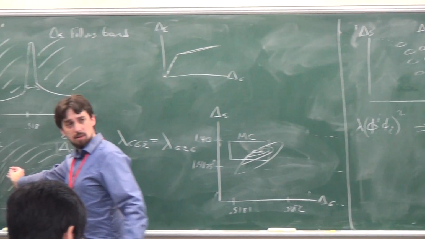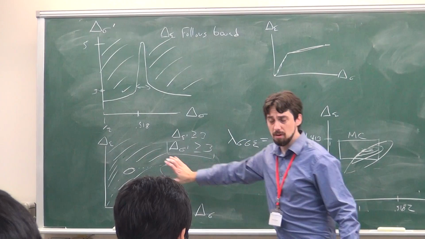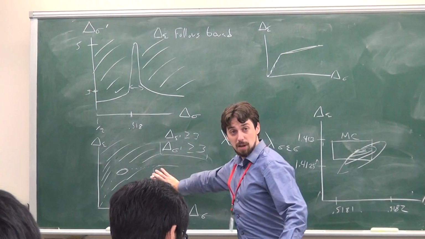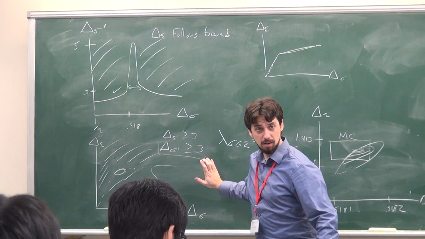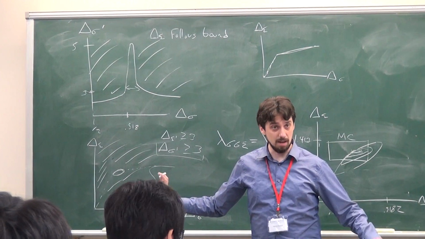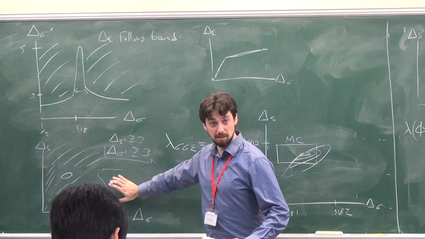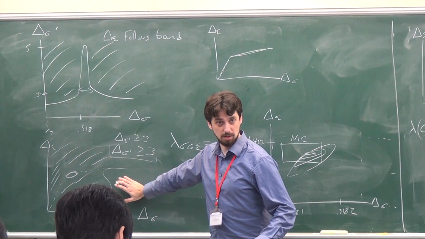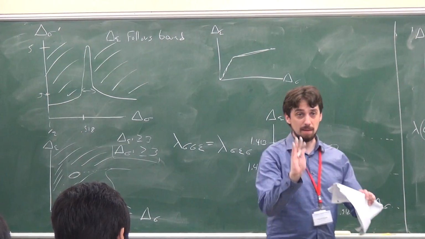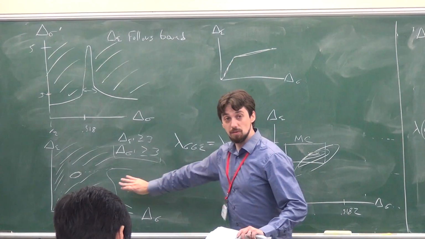So far we've focused on where we know these actual theories are. It would be very interesting to see if we could rule out this whole region. We haven't managed to do it yet. I see. And I also don't know if any other theories live in this region. You don't have an example, you say. I don't have an example of a theory that lives in this region.